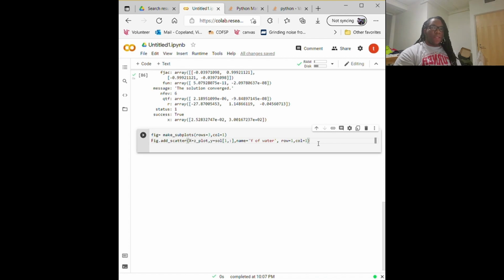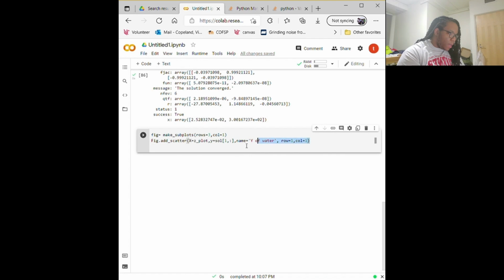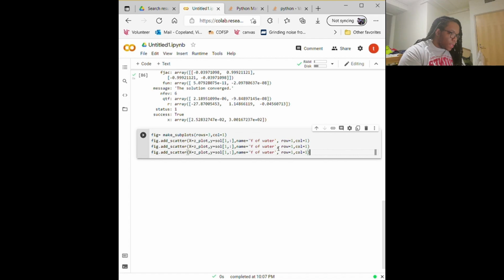And so we're going to repeat this for our temperature of our water and our temperature of our gas. So because of that, we can just copy and paste this. I'm going to copy and paste 3 times. So this one is going to be our temperature of water.